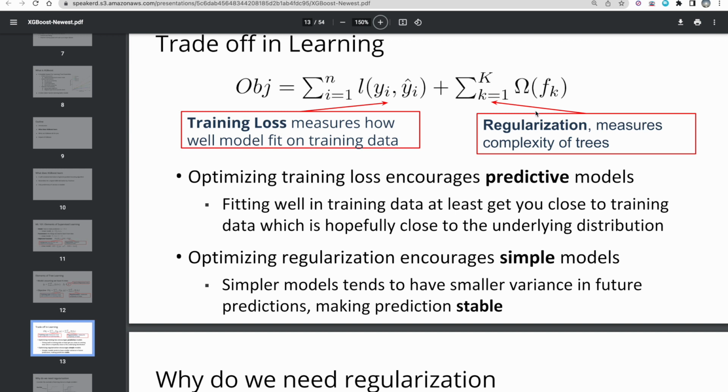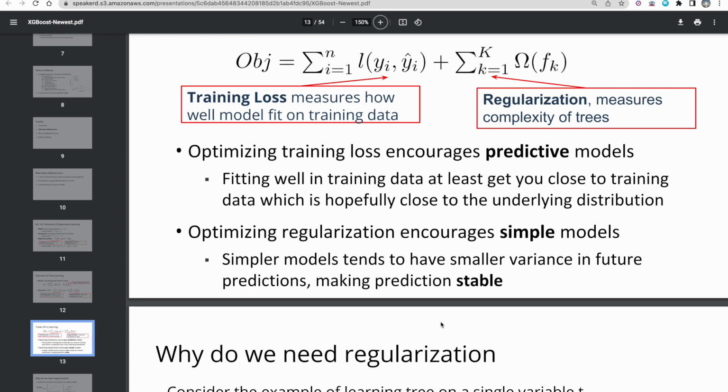What regularization does in turn is make our model simpler and not let it become complex. When you reduce the complexity, it will not let you overfit. So one term is trying to overfit, and the other is trying to stop it from overfitting, making the model simpler and simpler.